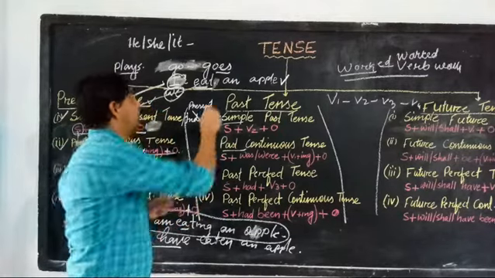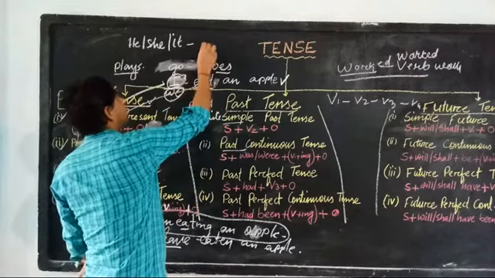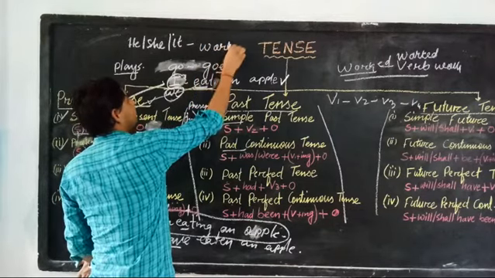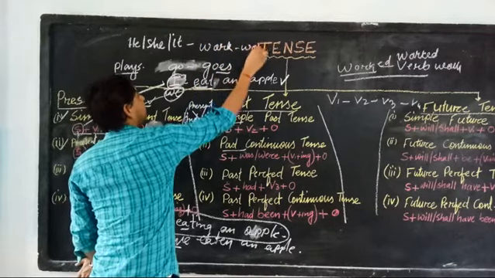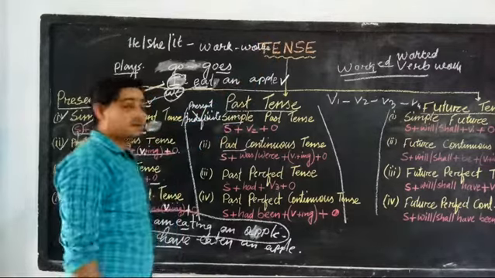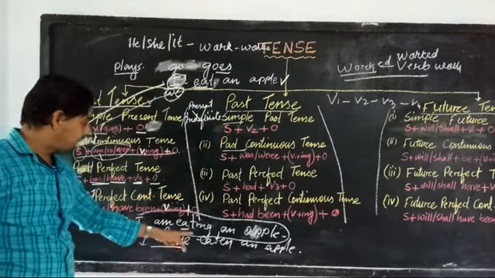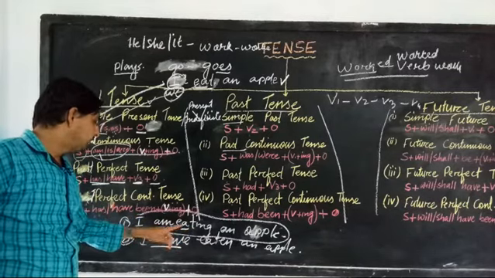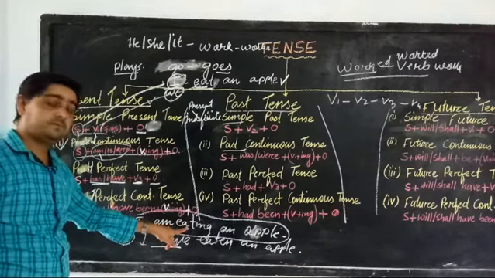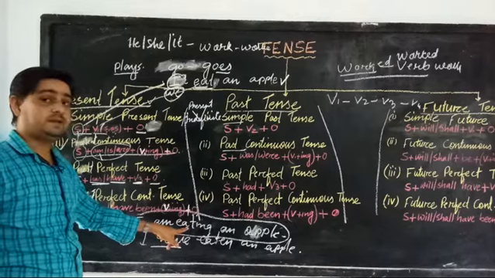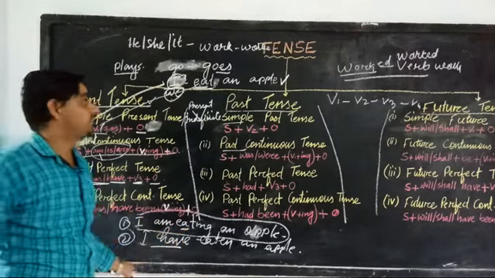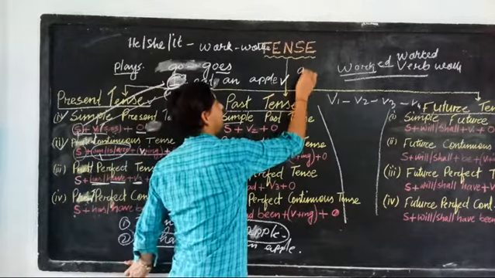Suppose the second form of the verb work is worked, right? W-O-R-K-E-D. We are using one verb here, eat. So the second form of eat is ate, right? A-T-E.